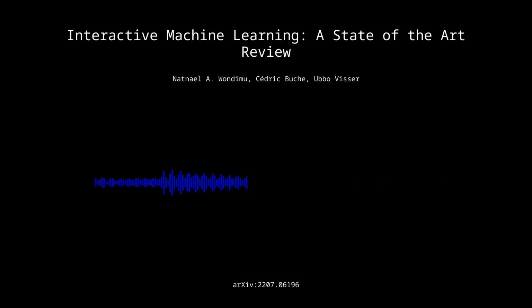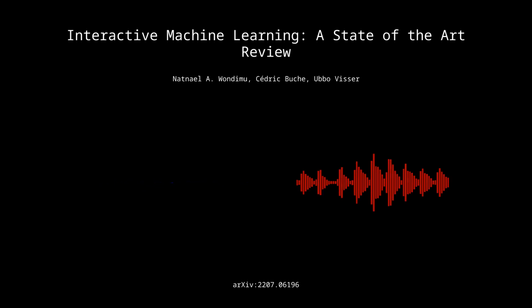Absolutely. Then there's visualization. This involves developing techniques to present complex data and model behavior in a way that's easily understandable to human experts. Visualizations can play a crucial role in making IML systems more transparent and interpretable. It's like giving the human expert a clear window into the inner workings of the AI system. Exactly. That's essential for building trust and understanding.